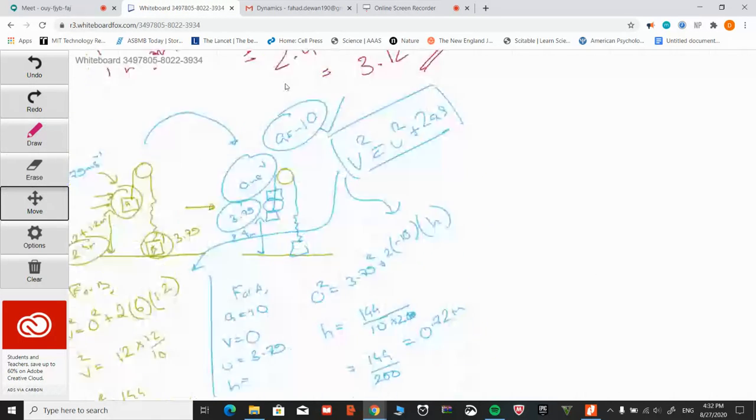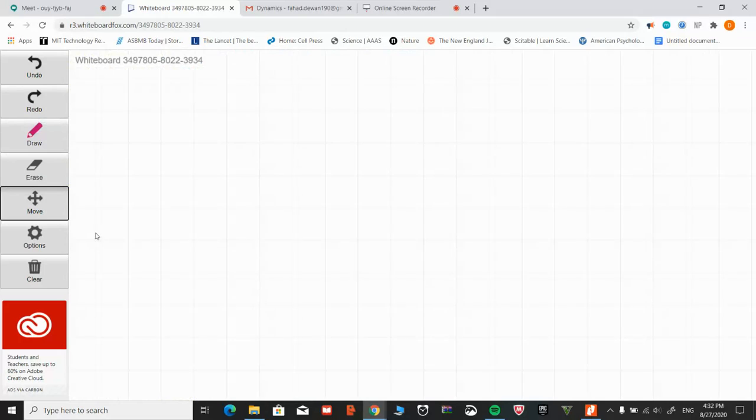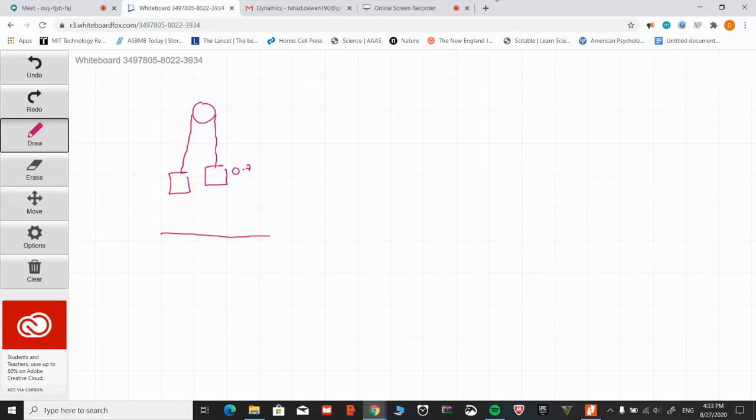Okay, let's do that. So 0.7, 0.3, and the height is 0.52.